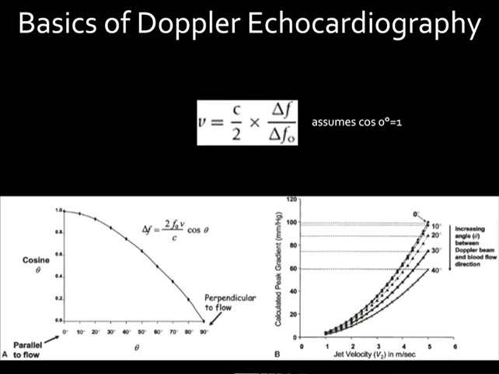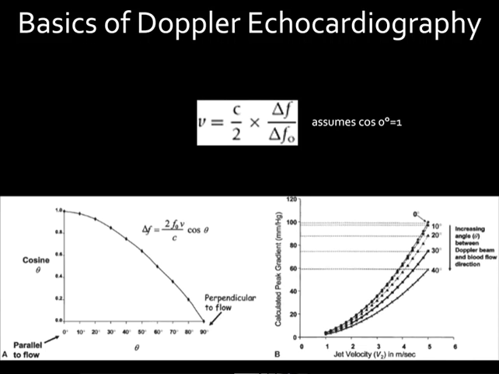So if you take a look here, even with a change in the degrees between 10 and 20 degrees, so we say generally around 15 degrees, if you're off of the angle, it's going to significantly change the velocities that you're getting. So very important that we understand what the limitations are. And also the fact that you're unlikely to ever overestimate the velocities. You're very likely going to underestimate.